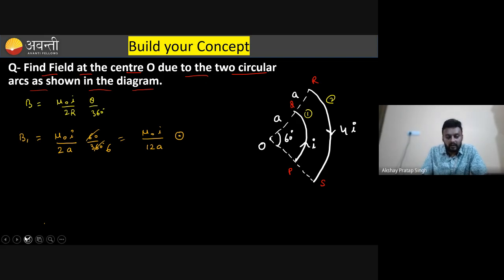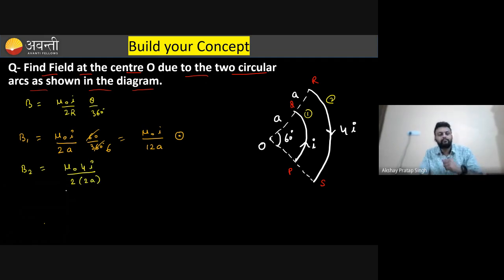Very good. Now we will calculate the magnetic field due to the second loop, that is B2. Again, the relation is mu naught. Current is 4I divided by, radius is this time 2A. 2 is already there and radius is 2A into theta is 60 by 360.